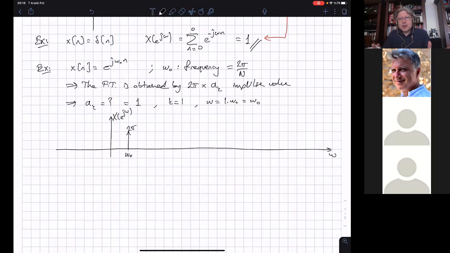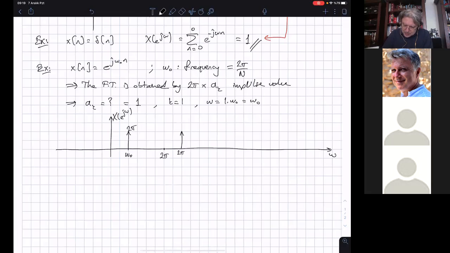So the situation is more like this one. We have one impulse for omega 0. We need to put one other impulse for capital N plus 1. But what does it correspond to in frequency? Where is it in terms of the frequency? For instance, if this is 2 pi, I'm just putting some arbitrary place, the next one appears at 2 pi plus omega 0.